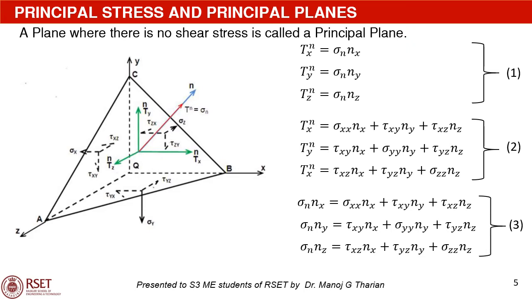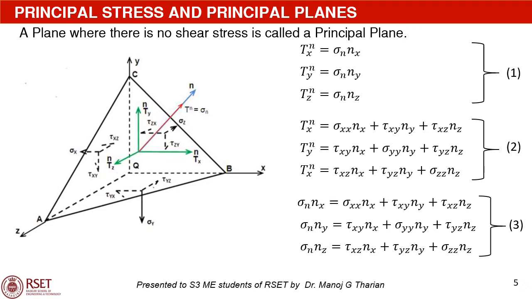At point Q, let the arbitrarily oriented plane A, B, C, which we have considered earlier, be a principal plane. When ABC is the principal plane, the resultant stress on this plane will act along the normal direction n.